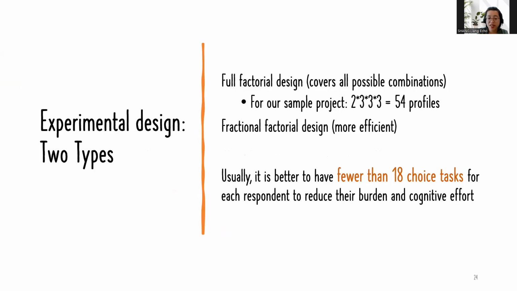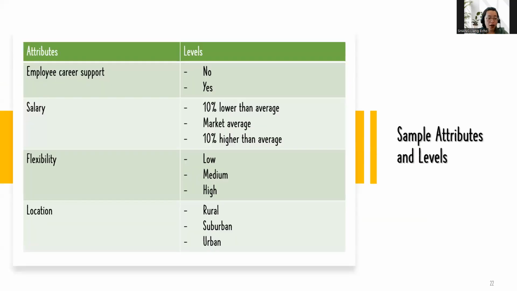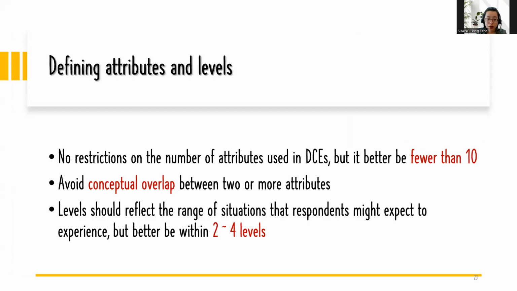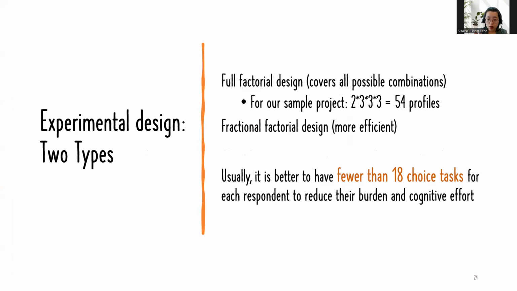For example, in our sample project, we have a total of 4 attributes, with one attribute with 2 levels and 3 attributes with 3 levels. So a full factorial design will result in 54 profiles in total.